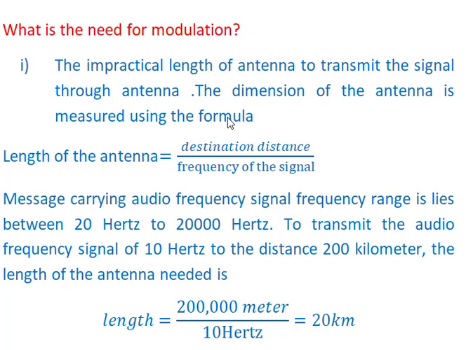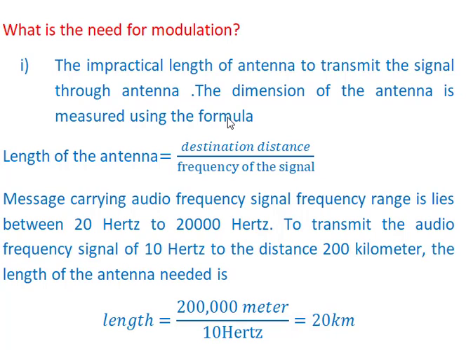The formula is length of the antenna equals destination distance divided by frequency of the signal. But our signal frequency lies between 20 Hz to 20,000 Hz. It is the audible frequency, 20 Hz to 20,000 Hz.